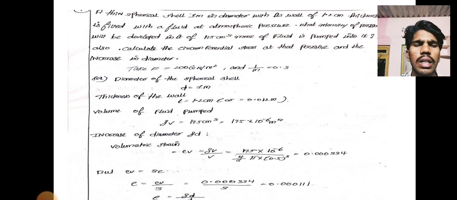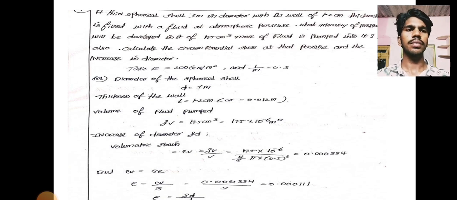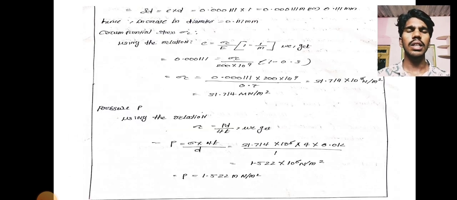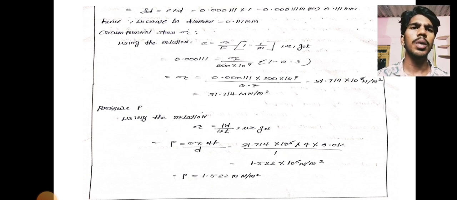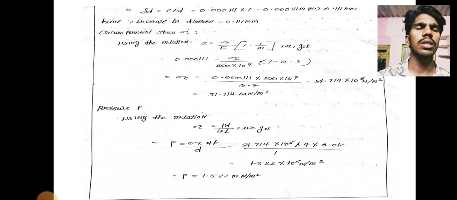E equals delta d by d. What we need is delta d, so delta d equals E into d. E value is 0.000111 into the diameter, which is 1. When we multiply, we get 0.000111 meters. Converting into mm, we write 0.111 mm. Hence the increase of diameter equals 0.111 mm.